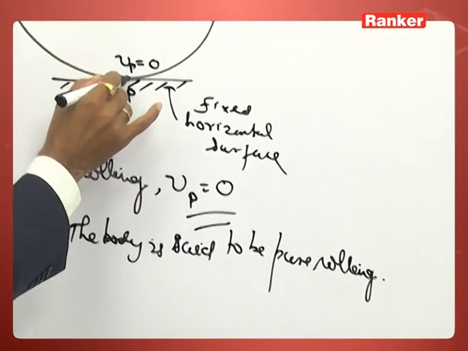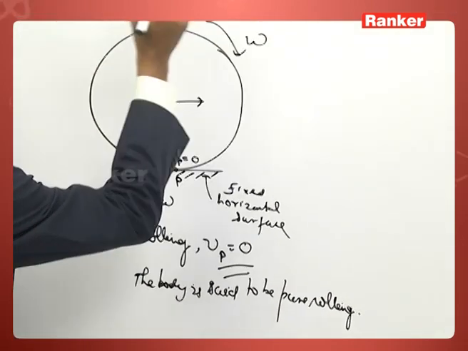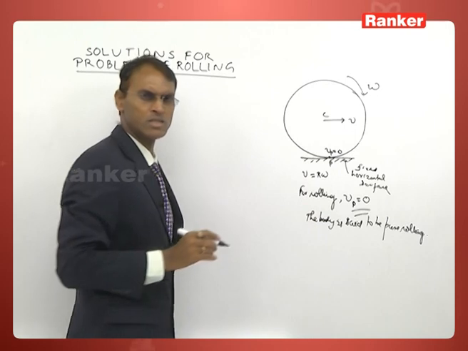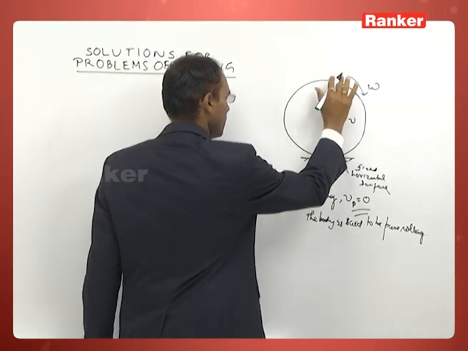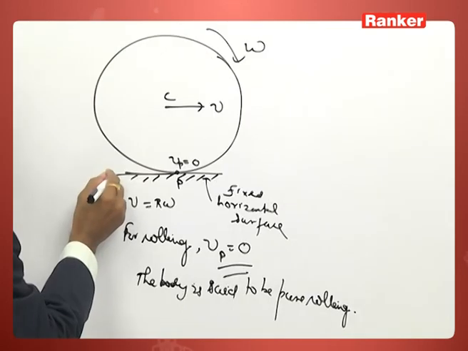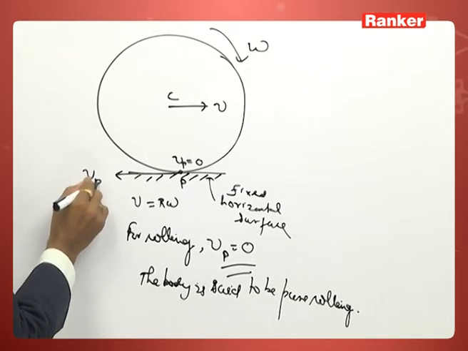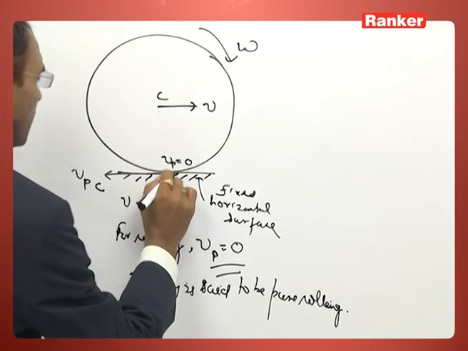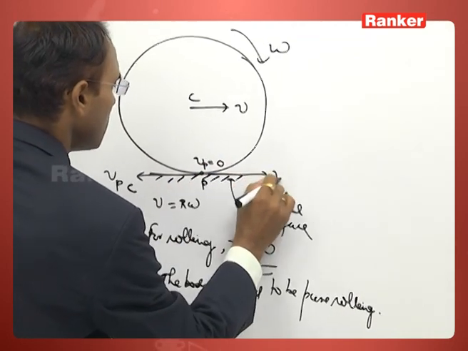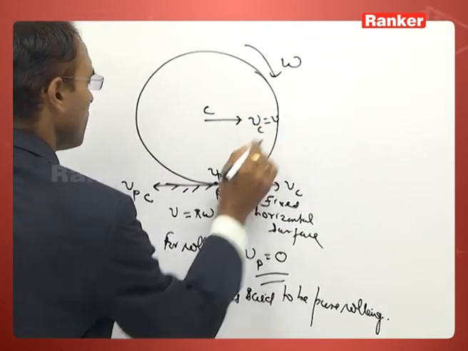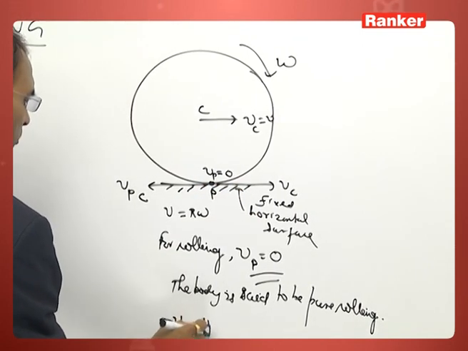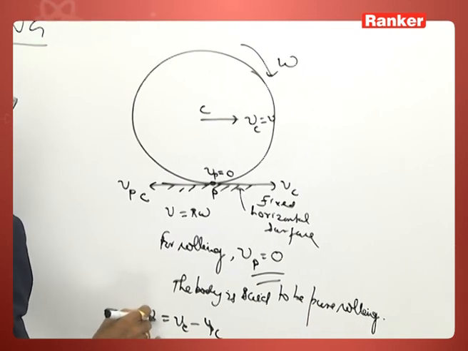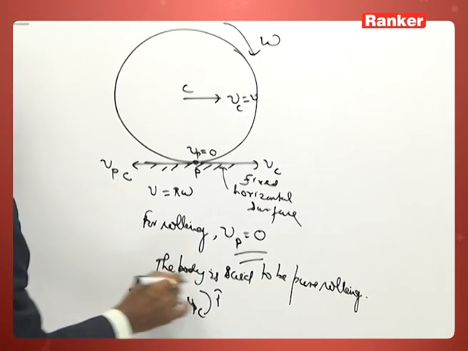This is the center of mass, this is the angular velocity, this is the linear velocity of the center of mass. With this diagram, we can draw the velocity of the point with respect to center of mass and bring the velocity of the center of mass to the same point. Vc minus Vpc is equal to Vp i cap.